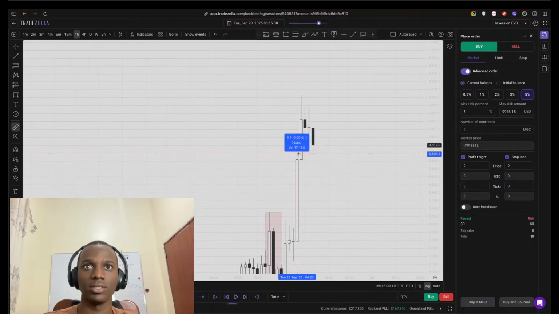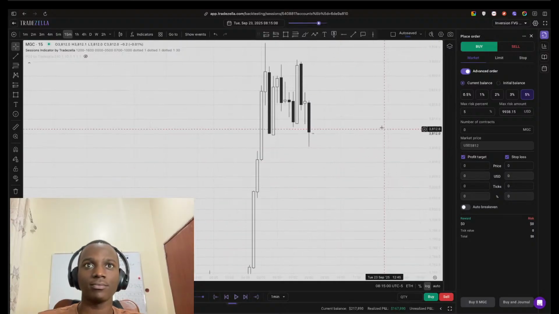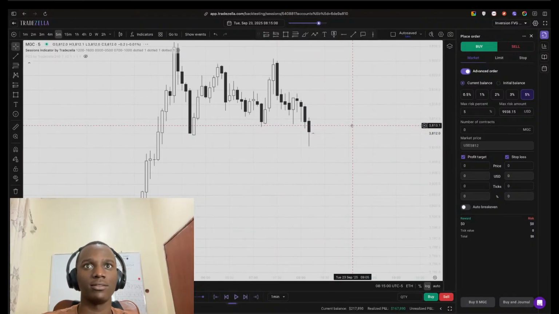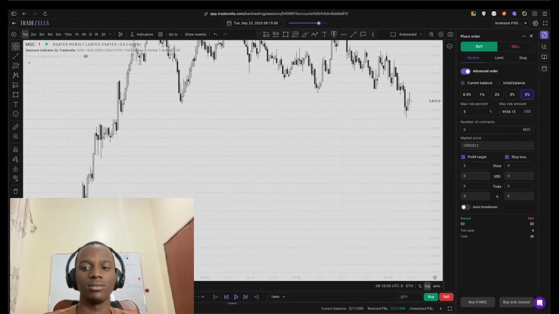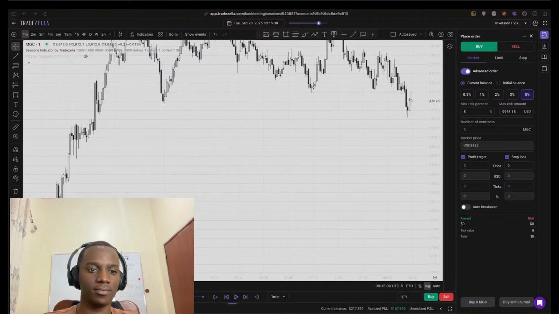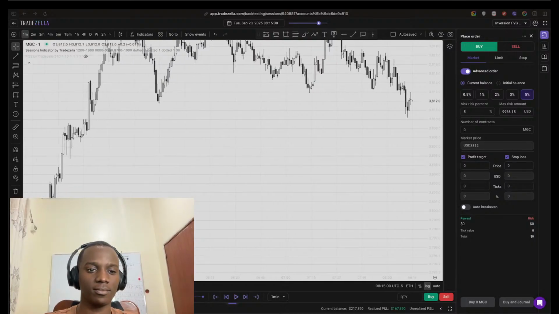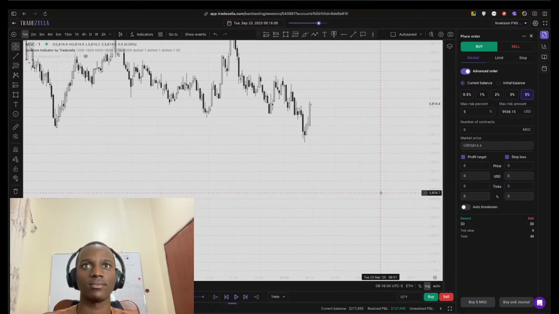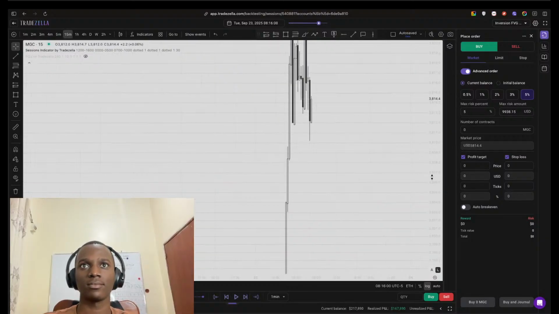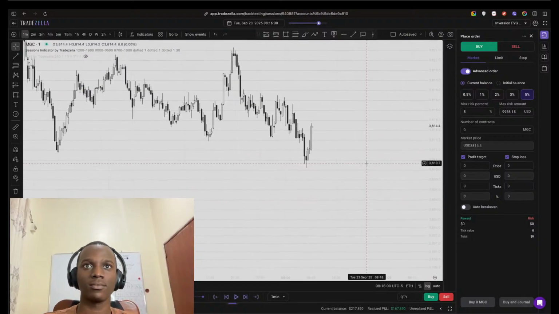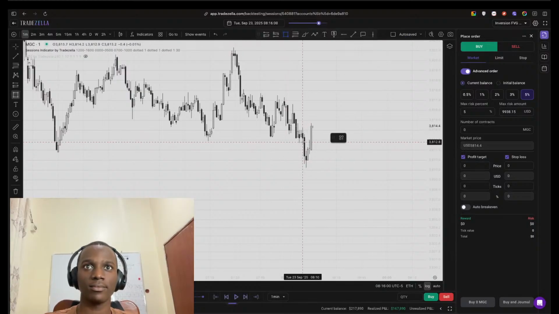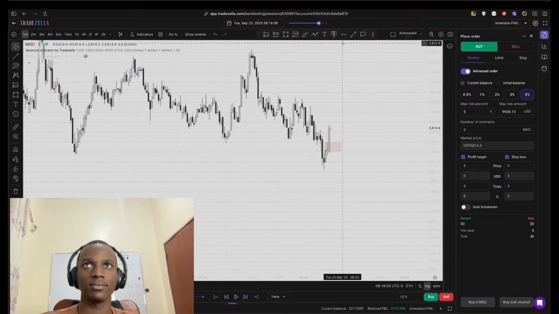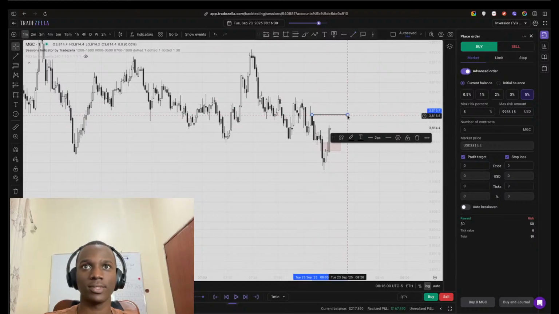Okay, so we're still displacing higher. I think we had a good retracement into this 1 hour gap stuff. 15 minute had a liquidity run, so let's see where price could easily displace. That's what I think. Let's wait for something like this.